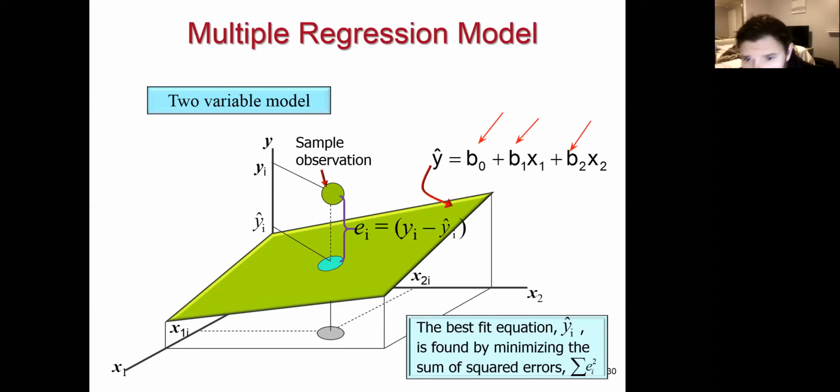Model 2 involved estimating a situation where we actually had 5 independent variables on the right-hand side. So for model 2, we're not going to be able to draw in 3-dimensional space because we have 5 independent variables. We would actually need a 6-dimensional space to draw that picture, and we can't really do that here.